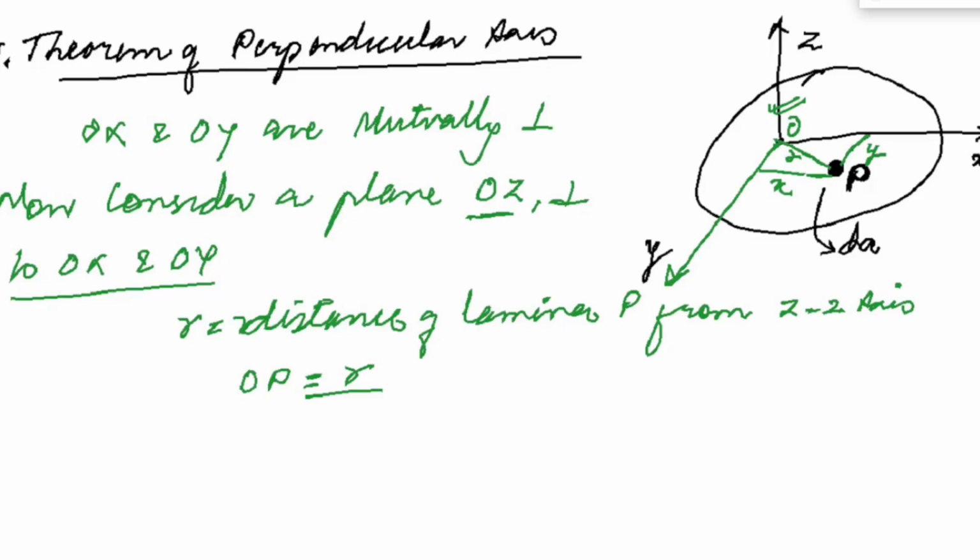And from the geometry itself, we can say r square is equal to x square plus y square.